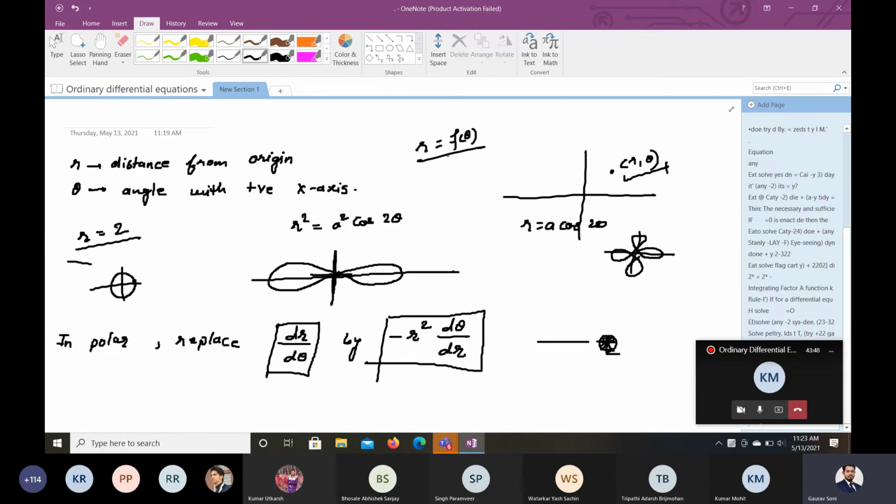I will differentiate dr by d theta and get f dash of theta on the right hand side. Then I will replace dr by d theta by minus r square d theta by dr, and then we'll solve this. This is how we get the orthogonal trajectories for a polar curve.